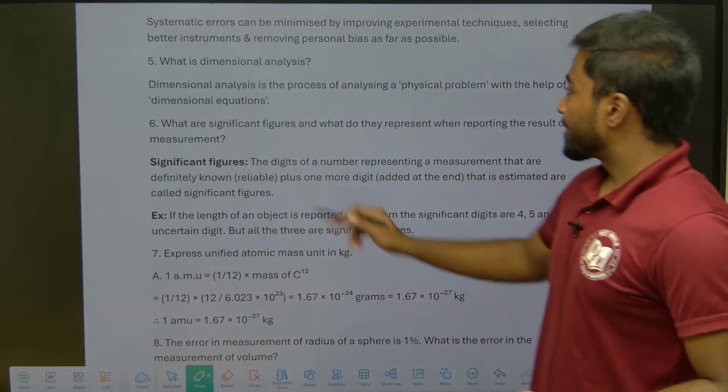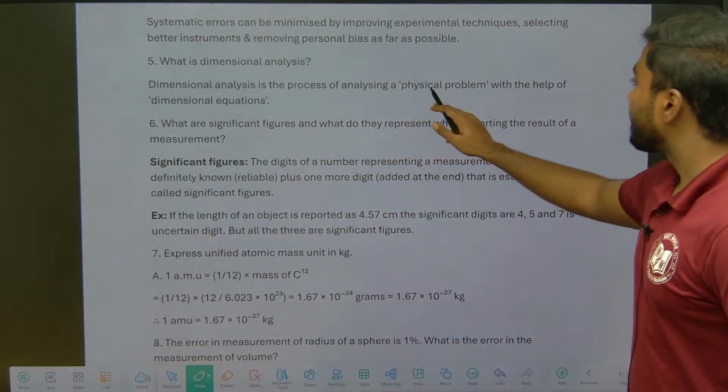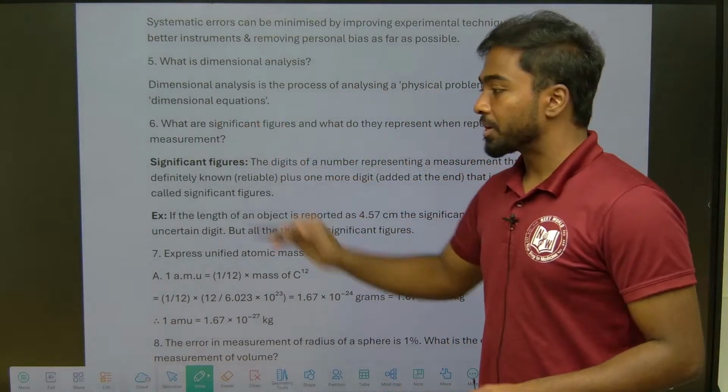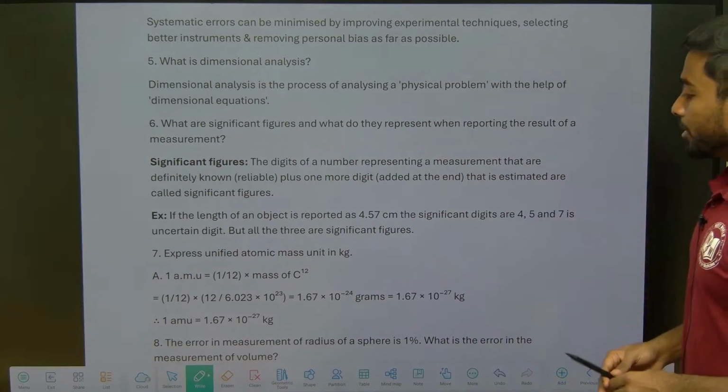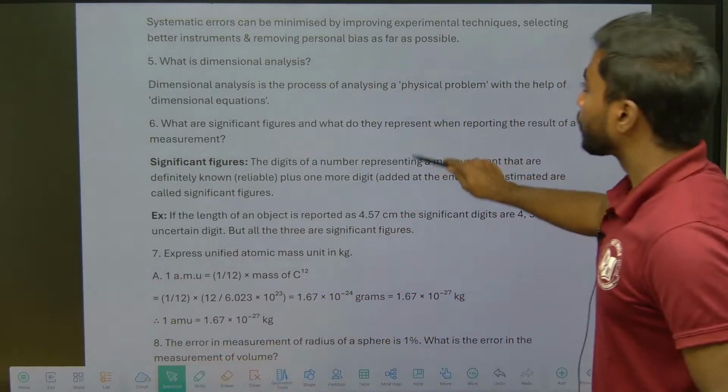So dimensional analysis is the process of analyzing a physical problem with the help of a dimensional equation. This is about the fourth and fifth question. You can take a note of the fourth and fifth question.